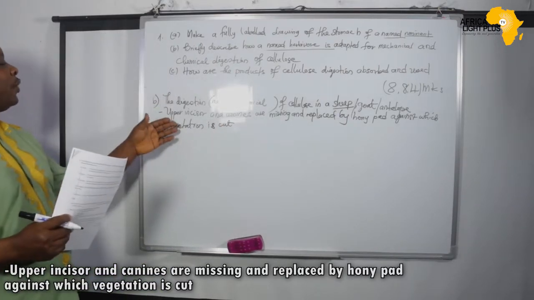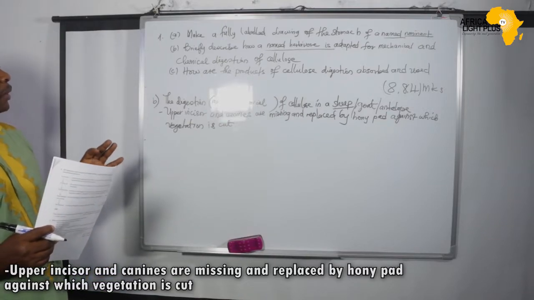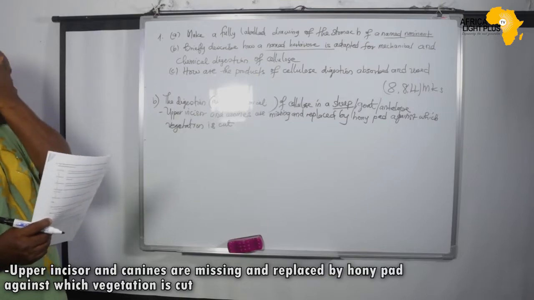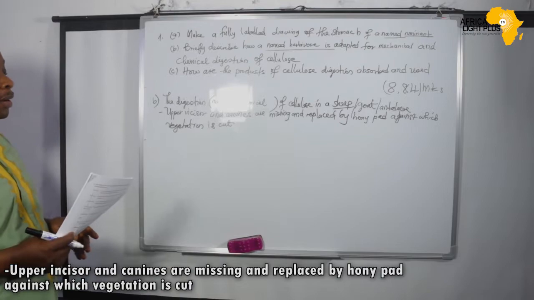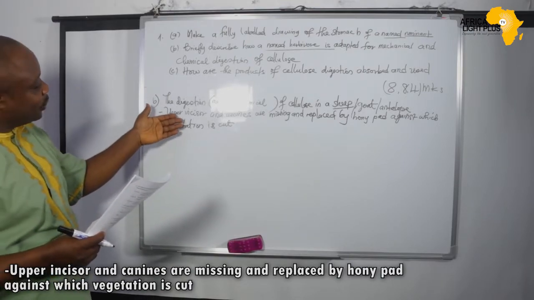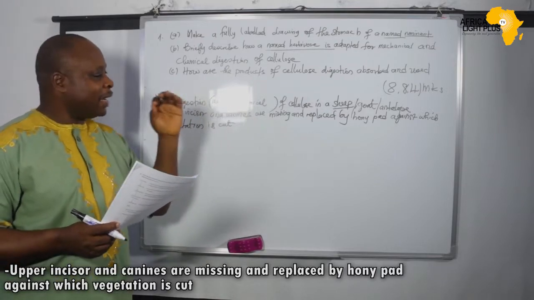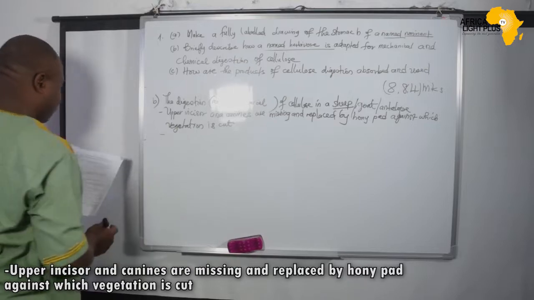So for our herbivores, the upper incisors are not there, the canines are not there, and they are replaced by a horny pad upon which the grass is being cut. So the pad acts as the incisors and the canines since they are not there. That horny pad helps in the cutting of grass.